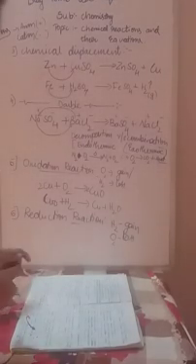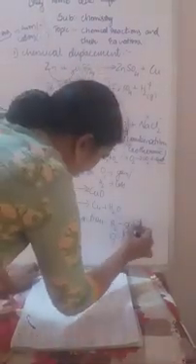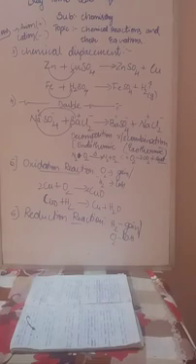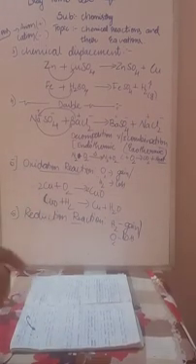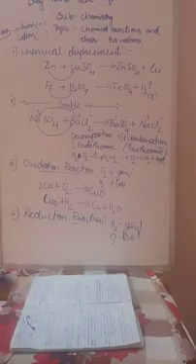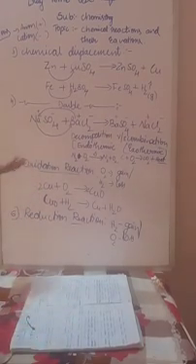Keep in mind that loss of oxygen is called reduction. Or any one can happen, don't get confused here: gain of hydrogen or loss of oxygen, any one definition we can write. If you write that the reaction in which loss of oxygen takes place is called reduction, and the reaction in which gain of oxygen takes place is called oxidation, that is also correct.